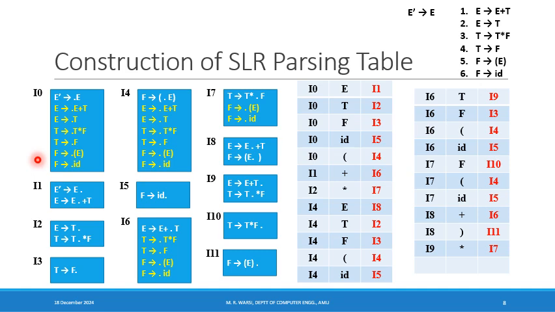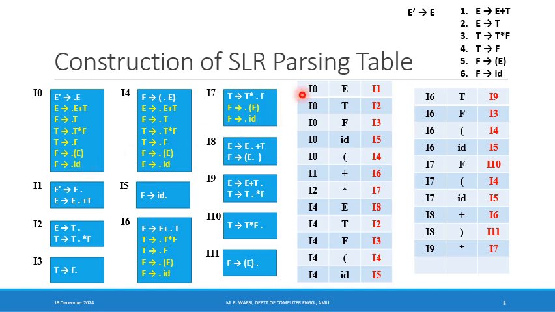Now we'll consider the transitions from state number 0. Whatever symbols we have after the dot in the LR0 items, there will be transitions on those symbols. So if I look at these two LR0 items, after the dot I have the variable capital E, so there will be a transition on capital E. Now in this LR0 item, after the dot I have capital T, so there will be a transition on capital T. Similarly, corresponding to this LR0 item, there will be a transition on capital F, a transition on opening bracket, and a transition on identifier.